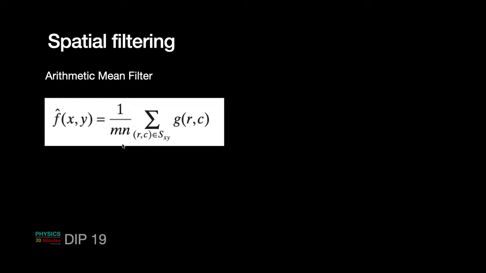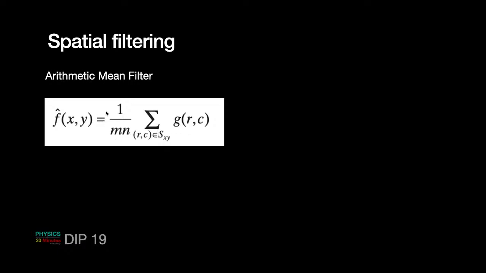M and N are the rows and columns in this small neighborhood. If both are equal, as in 3 by 3, 5 by 5, 7 by 7, then this is just a product. So if it's a 3 by 3 matrix, this is 1 by 9. If it is 5 by 5, then it is 25. Then g of r,c is the value of an individual pixel in this neighborhood. r and c are the dummy variables which can go from 0, 0 to m minus 1, n minus 1 in this neighborhood.